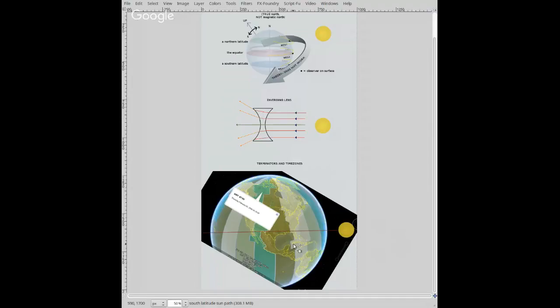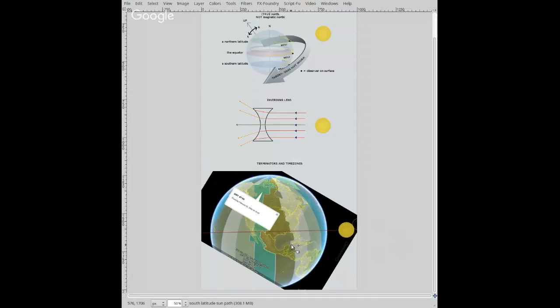Time zones are observed. If you were to freeze time right here, and travel from this farthest point north in the U.S. down to Central America, and do that instantly at that freeze in time, you will be on the line between, you will be at sunset, basically, or sunrise, depending on which way you want to look.